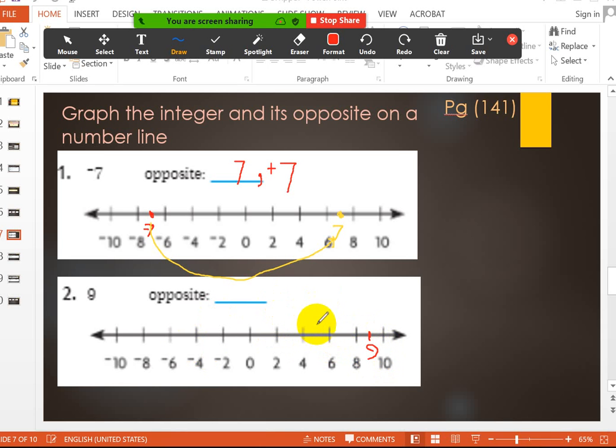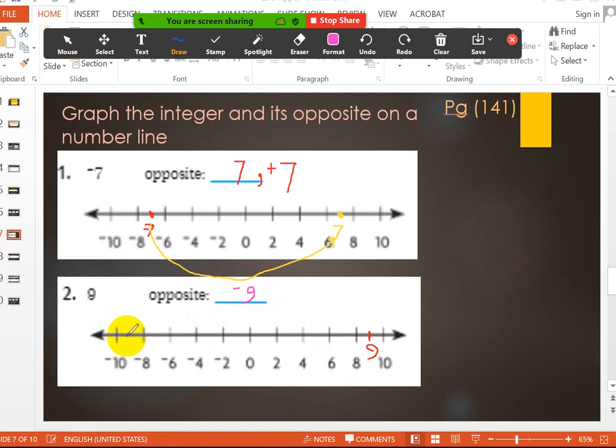What is the opposite of 9? -9. Excellent, Maria. Sorry, Maria. Thank you so much. It will be -9, the same value with the opposite sign.